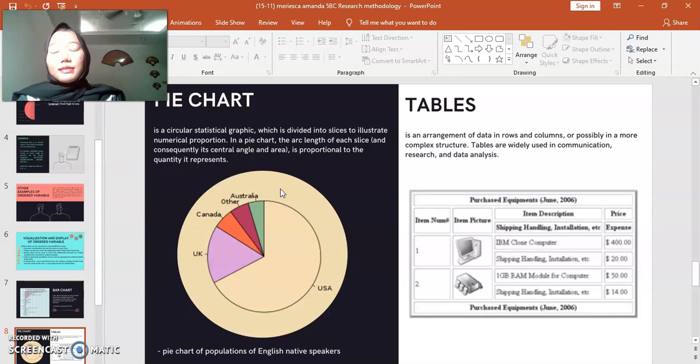So the next one is table. A table is an arrangement of data in rows and columns, or possibly in a more complex structure. Tables are widely used in communications, research, and data analysis. Tables usually appear in printed media, handwritten notes, computer software, architectural ornamentation, traffic signs, and many other places.